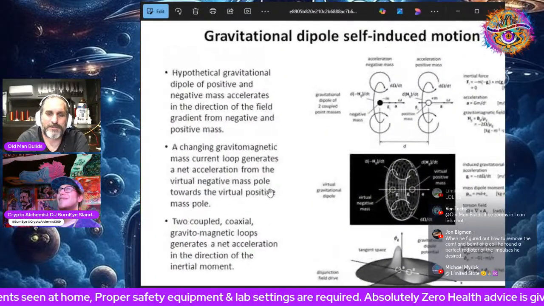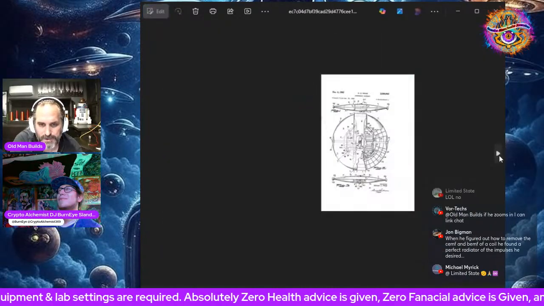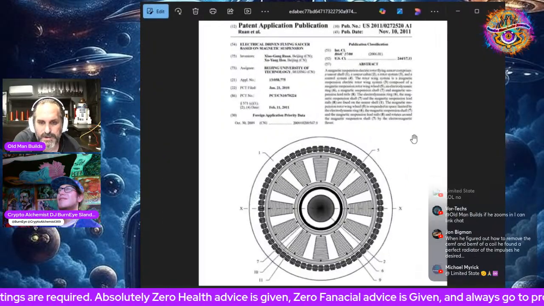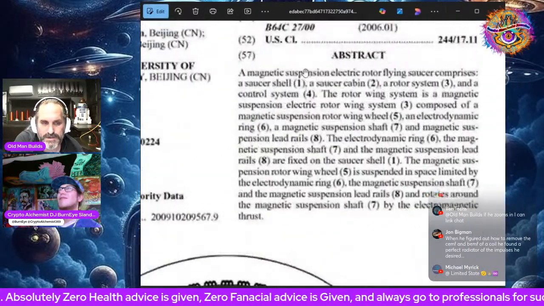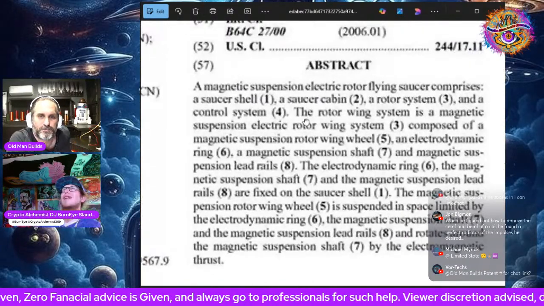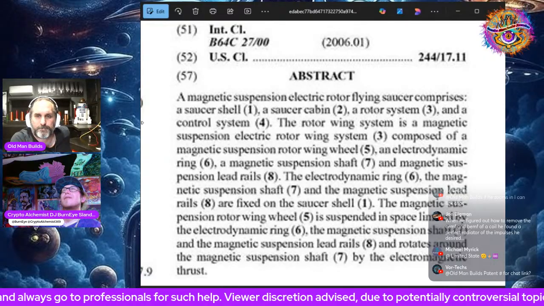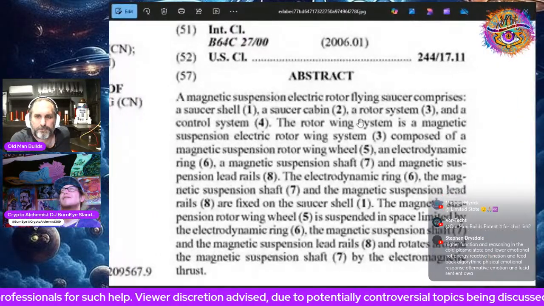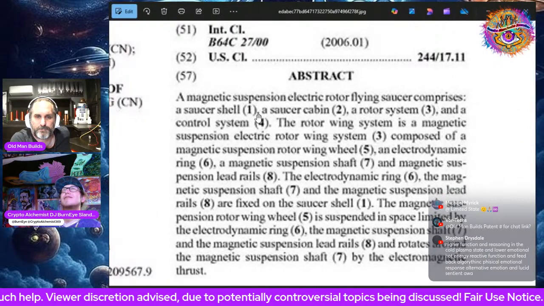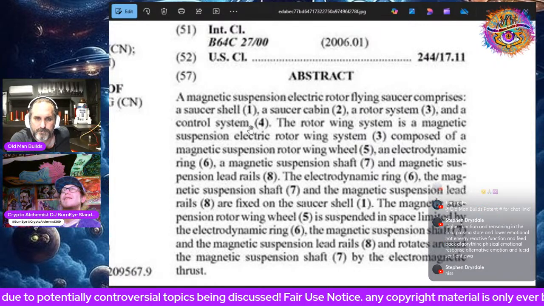Well, hold on. Go back to the patent real quick. Yes. So if it's a Tesla coil in the center, the reason, yes. Here, I guess I should give this a little abstract. A magnetic suspension electric rotor flying saucer comprises a saucer shell, a saucer cabin, a rotor system, and a control system.